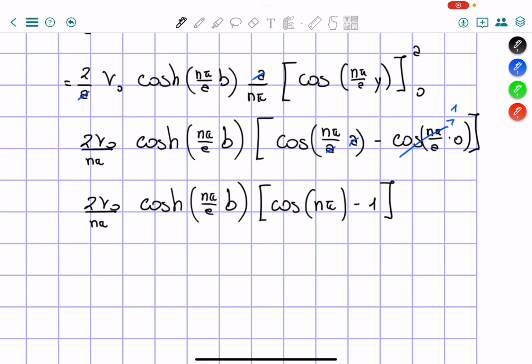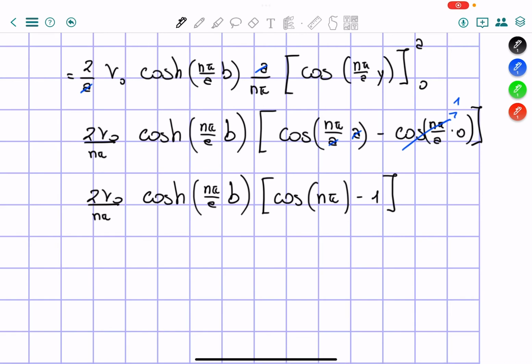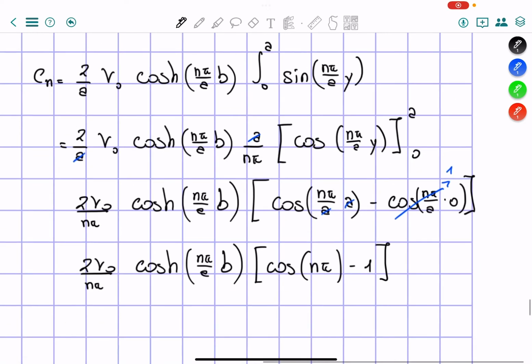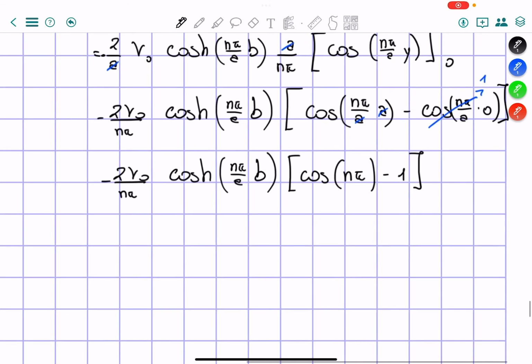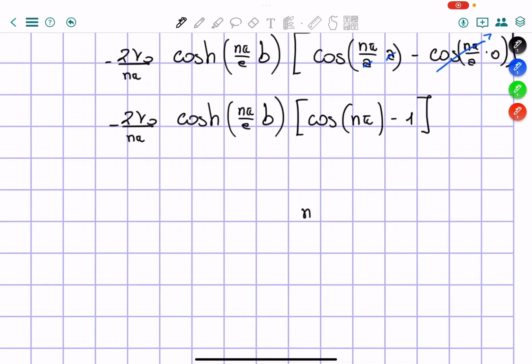And one thing you can notice is that we're going to have two different answers based on whether n is an even or odd value. Here I forgot a negative sign in front when I integrated the cosine. I'm going to put it in front of everything. Okay, so if I have, for example, n being an even value, then cosine of n pi will be equal to 1, which then will be 1 minus 1, which is equal to 0.